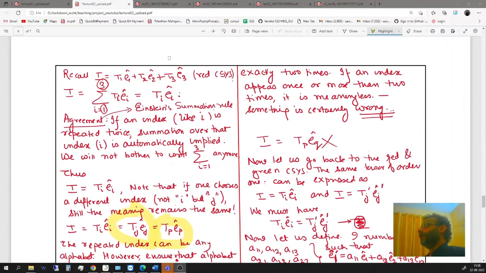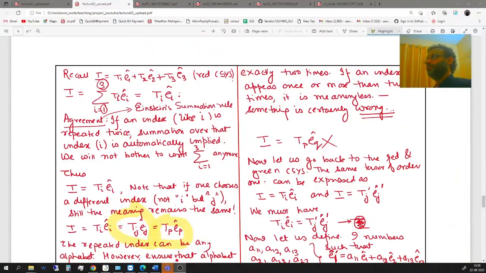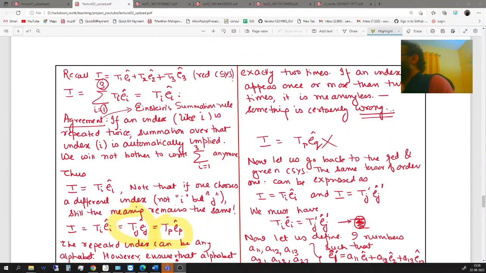So recall, I was writing the tensor T in the red coordinate system as T1 E1, T2 E2, and T3 E3, right? Why don't we write it using this sigma notation, where I have an index i appearing as a subscript with T and E, and we allow i to go from 1 to 3.